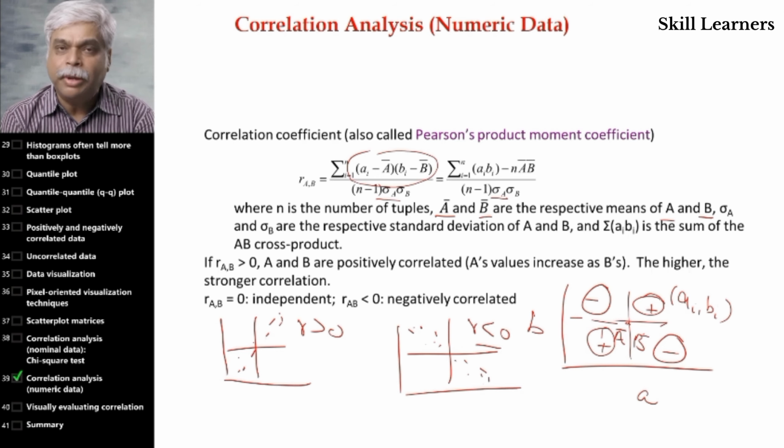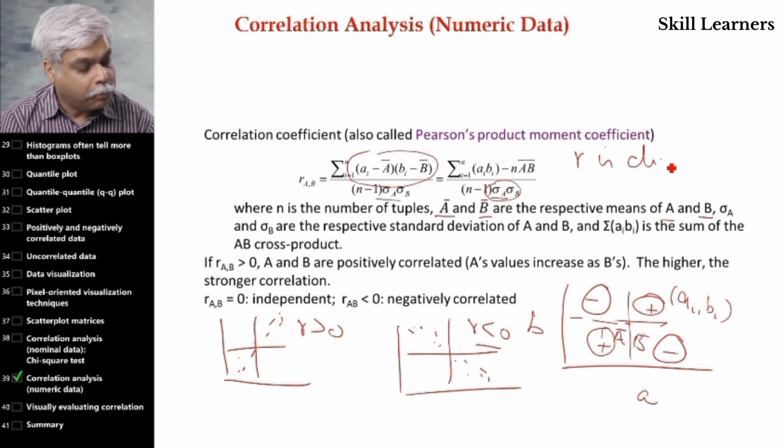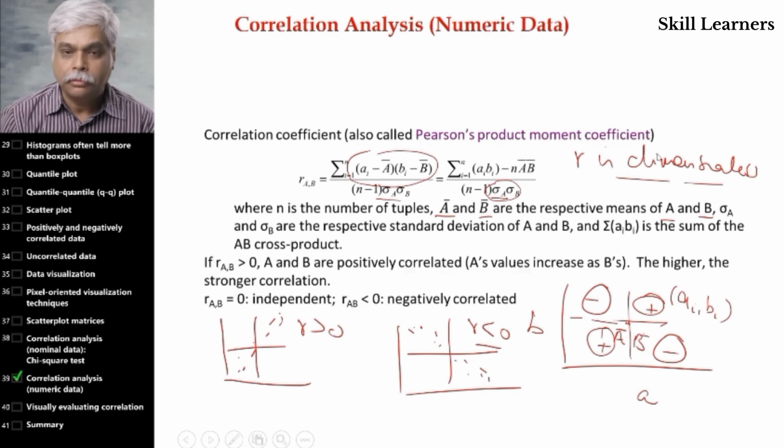To remove this dependency on units, you divide by the standard deviations. And so therefore R is dimensionless. This is the correlation coefficient.